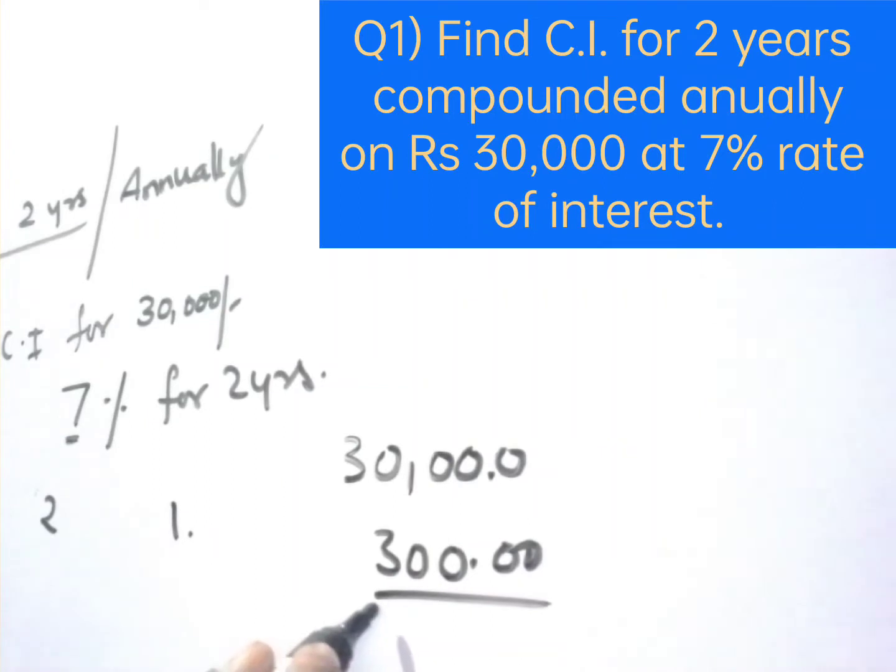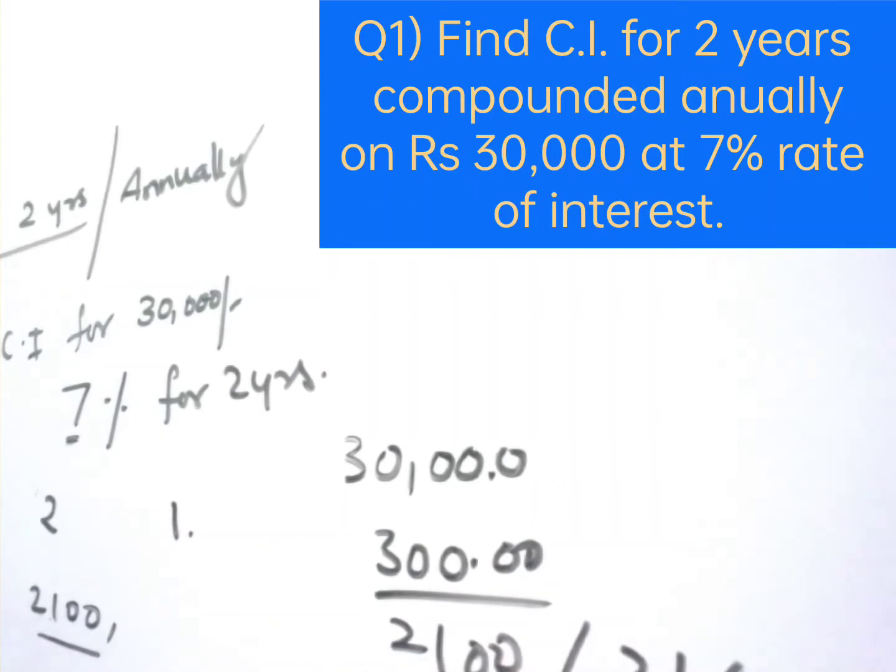So 300 into 7 is 2,100. In the same way, for 2,100 rupees, we have to find 7%. For 2,100, 10% is 210 and 1% is 21. We want 7%. So 21 into 7, 147.